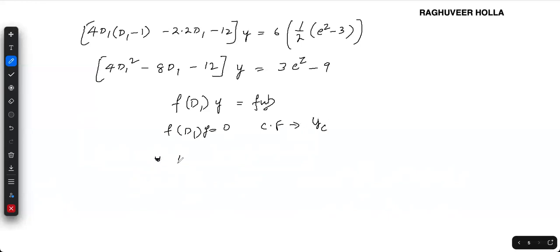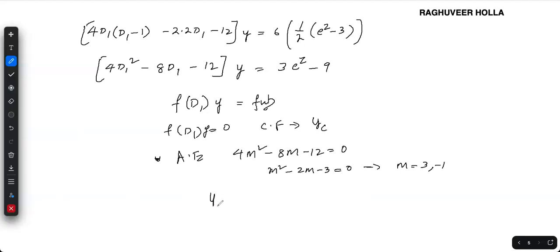The auxiliary equation corresponding to this will be 4m squared minus 8m minus 12 equals 0. When we simplify it, we get m squared minus 2m minus 3 equals 0. The roots are 3 and minus 1. So yc is c1 e to the power of minus z plus c2 e to the power of 3z.